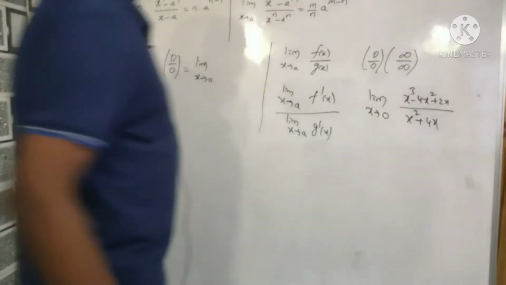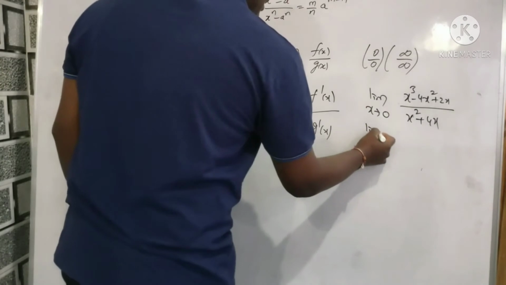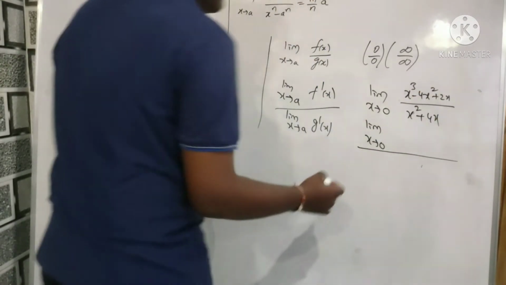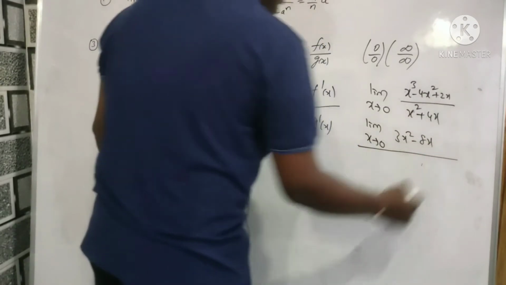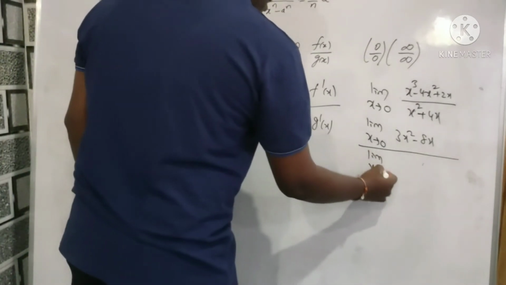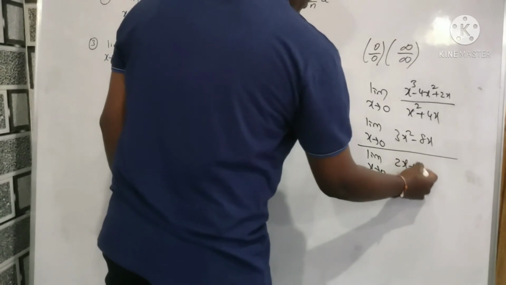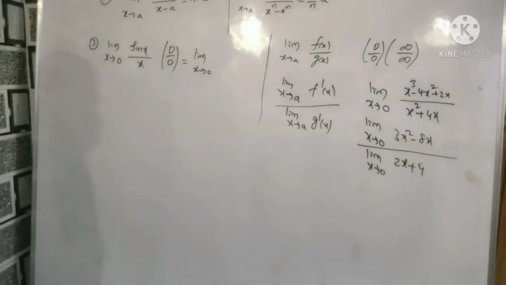If I substitute here, I get 0 by 0 form. If I differentiate, what do I get? On the top, 3x square minus 8x plus 2, and the denominator differentiation is 2x plus 4. If I substitute the limit again, I get 0 by 0 form.